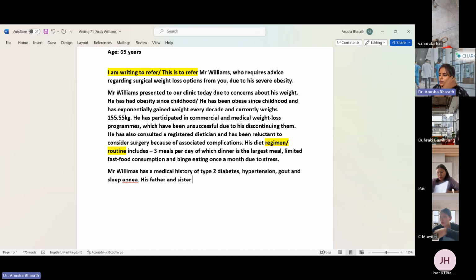Let's just say he has a family history of obesity, comma, with his father and sister being obese. Okay, not obese, being obese.